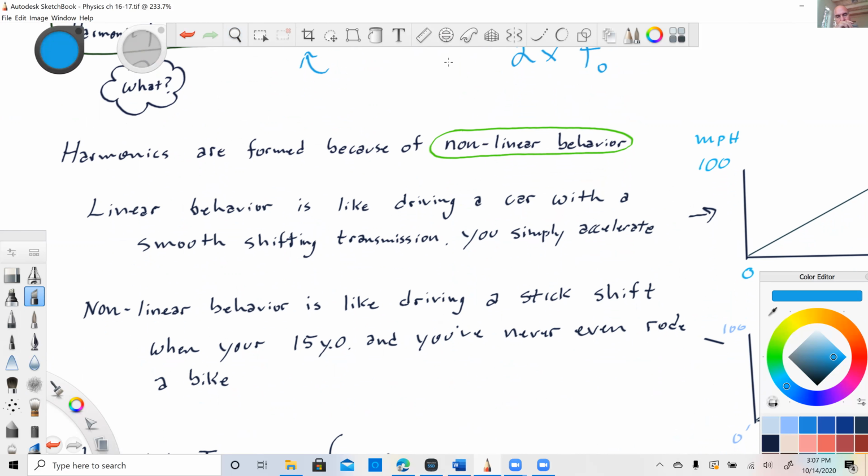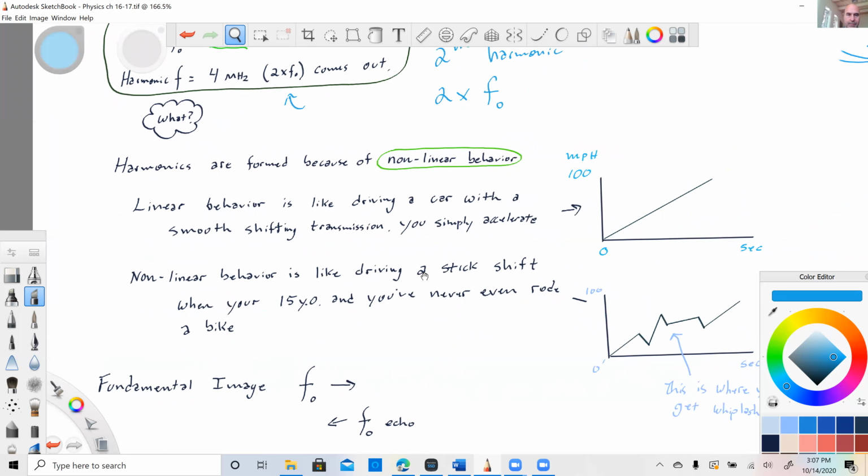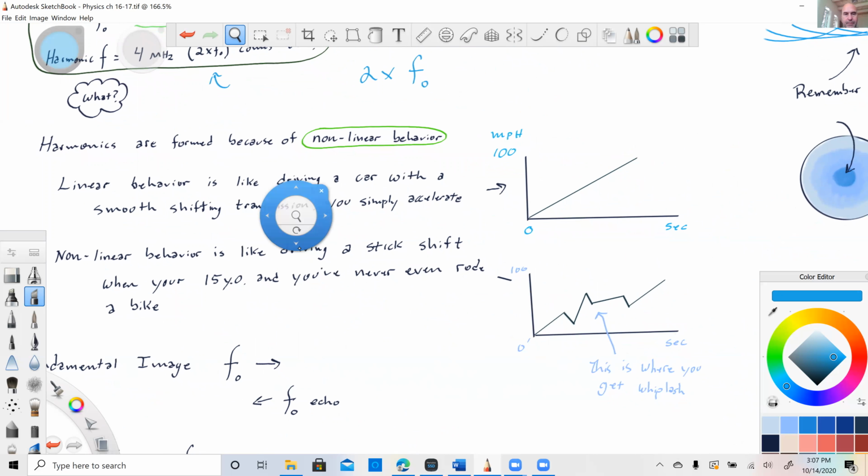So harmonics are formed because of nonlinear behavior. He goes a lot into nonlinear behavior without, I don't think, truly explaining what that means or why it's significant. But linear behavior, I drew a little picture over here, is like driving a car with a smooth shifting transmission. It's like a Tesla. You just step on the accelerator and you go from 0 to 100 in, I don't know how many seconds.